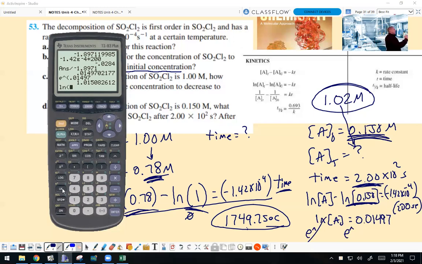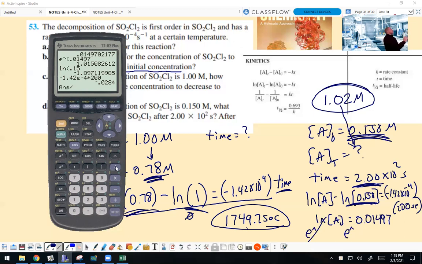So ln of 0.15, negative 1.8. Oh, was that the problem? No. Negative 1.42 times 10 to the negative 4, yep, that part's right, times 200, divided by, is that the right answer we got before?